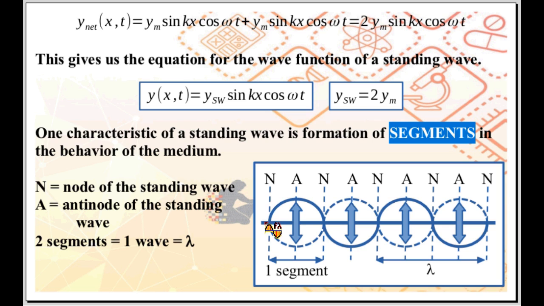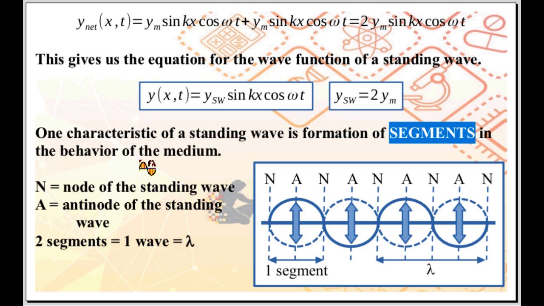At the midpoint between two nodes, or the middle of the segment, you have the antinode of the standing wave. So antinode, antinode, antinode, and antinode. It is the particles at the antinodes that are capable of reaching the maximum disturbance from equilibrium position.